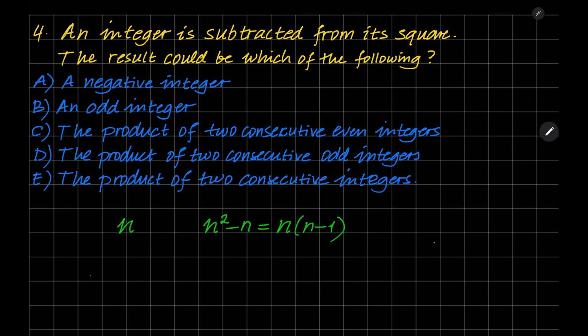For example, let's say n is equal to 8, then n times n minus 1 is equal to 8 times 7. Two consecutive integers. So, answer E is correct.